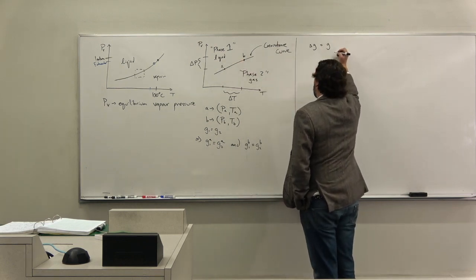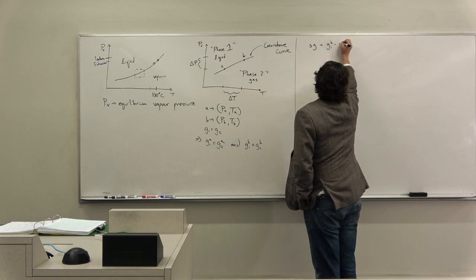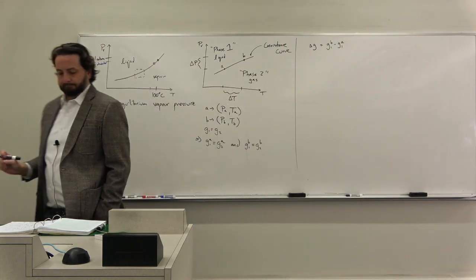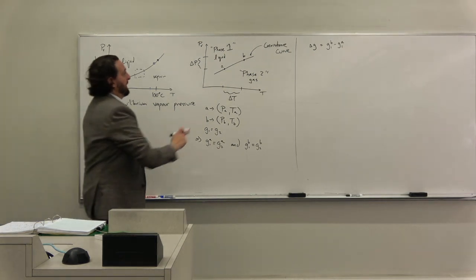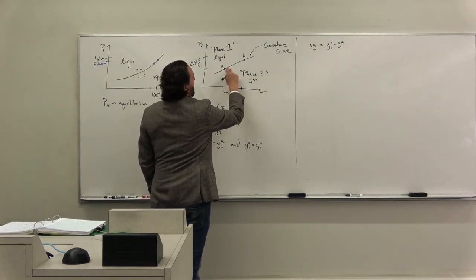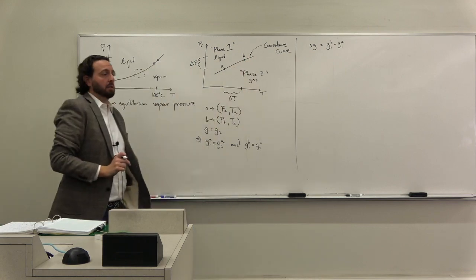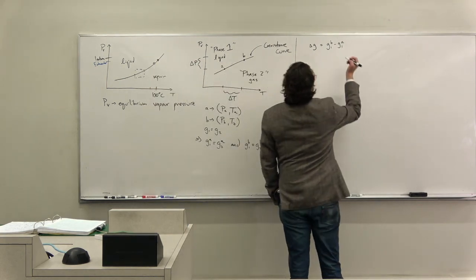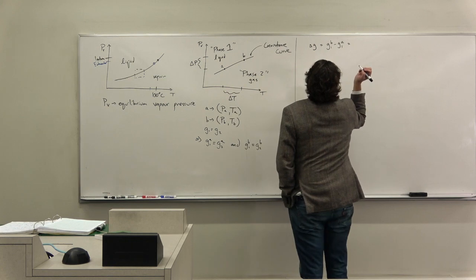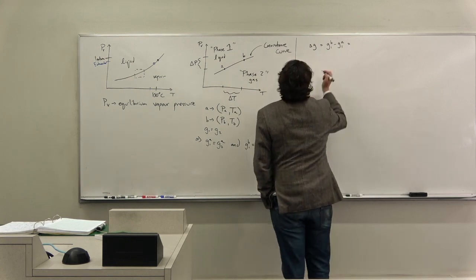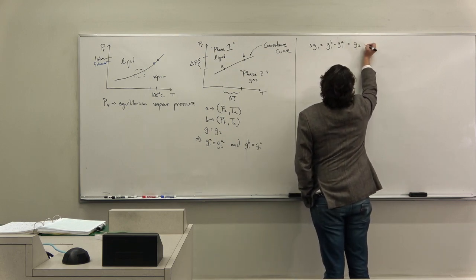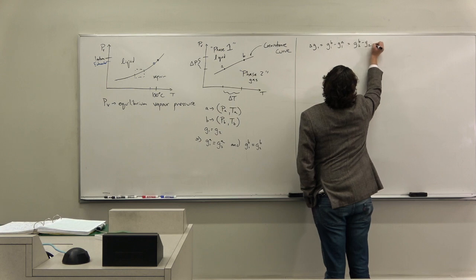That would be little g1B minus little g1A. Phase 1 is going to move from A to B, and so the change in little g is that. But that should be equivalent for phase 2, right?